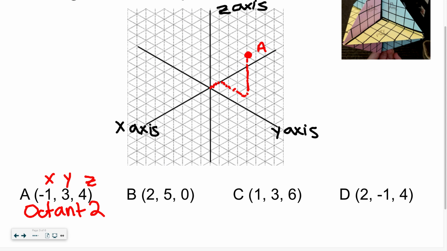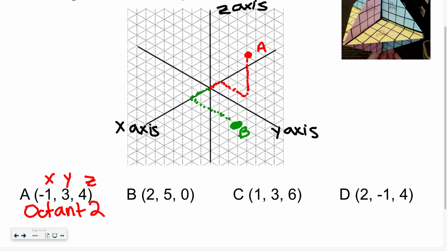Okay, 2, 5, 0. I'm going to go forward 2. I am going to go right 5. And because Z is 0, I'm just going to plot a point. Think about on your 3-dimensional system, if you just go forward 2 and right 5, where are you?